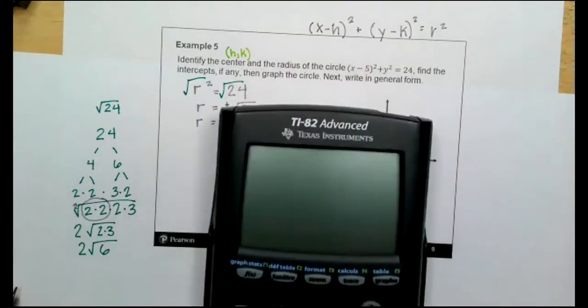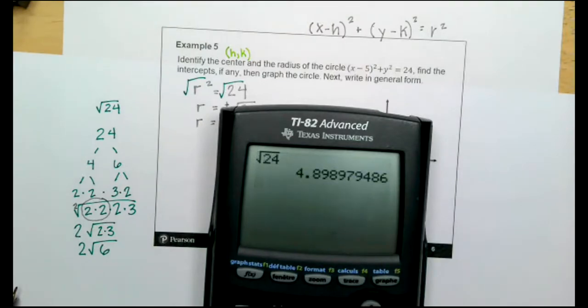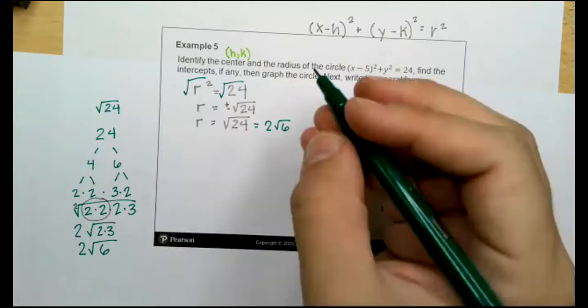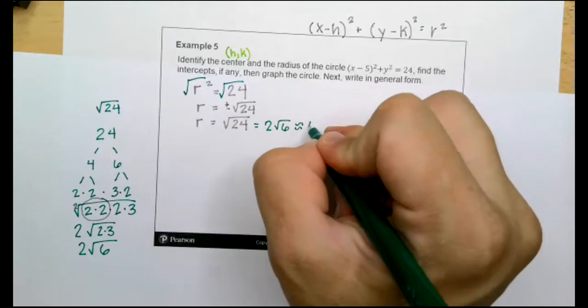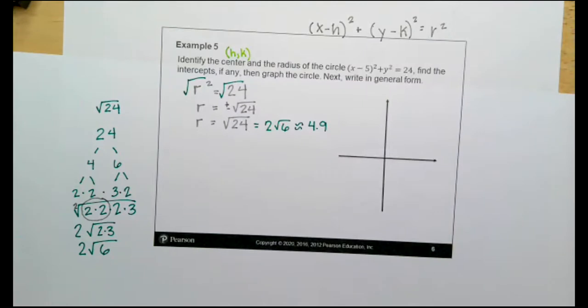You can check this in your calculator: the square root of 24 is 4.9, and 2 times the square root of 6 is 4.9 as well. Since they're asking us to graph it, it's also okay to say that 2 square root 6 is about 4.9, because that's going to be easier to find on the plane.